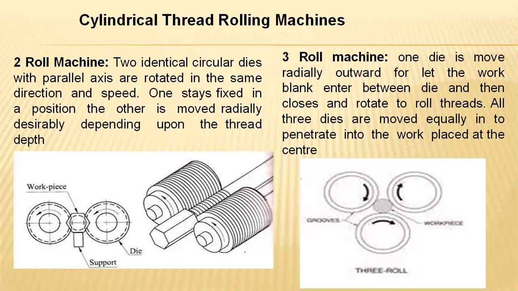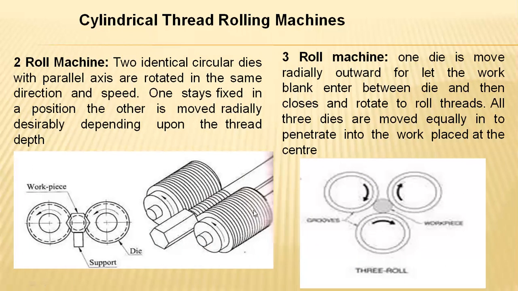Coming to the case of the cylindrical thread rolling machines. See, in the pictorial representation, it is very clear that two identical circular dies with parallel axes are rotated in the same direction and speed. See, the same direction, considering it's counterclockwise.